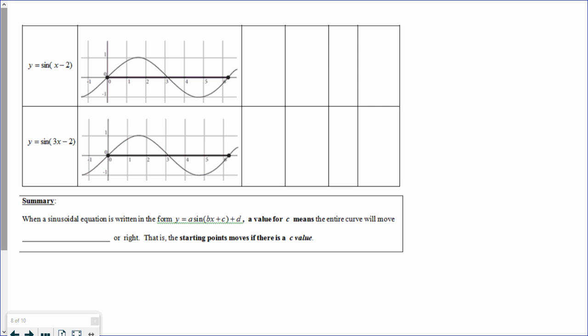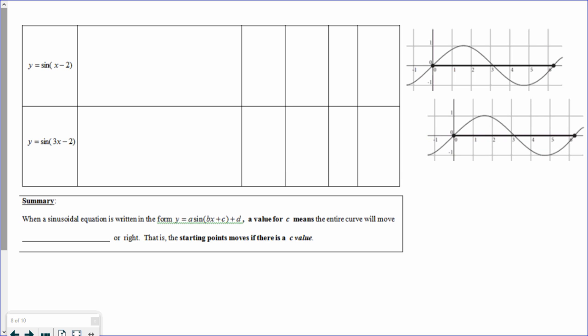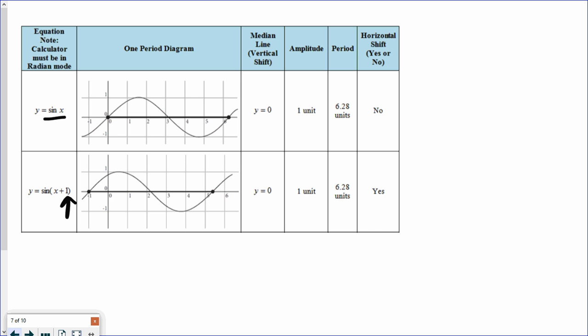So when you would graph it out, what you would find is, I guess I could go back to the last page. What we see here is it changes where our graph is. It's shifting it to the left or the right.